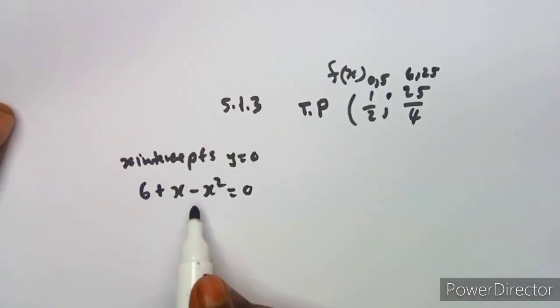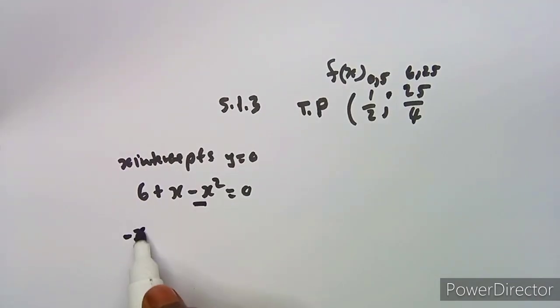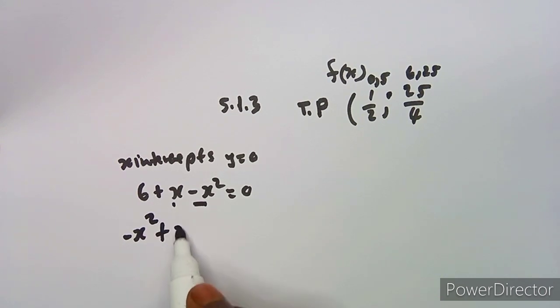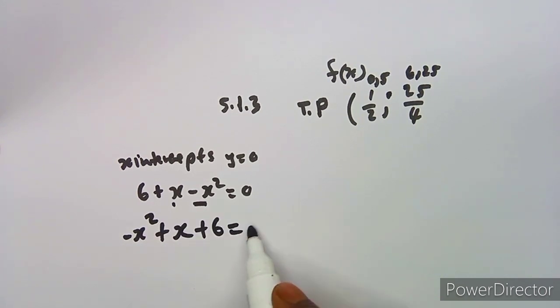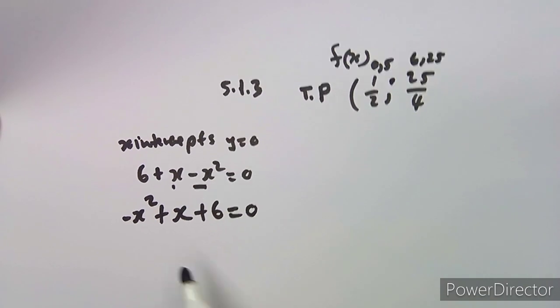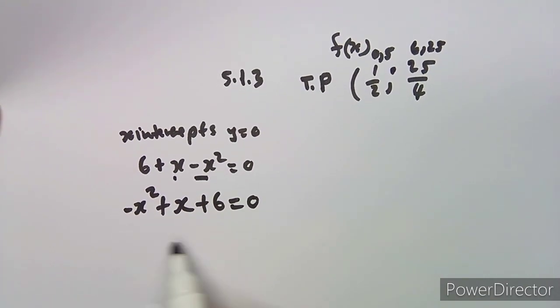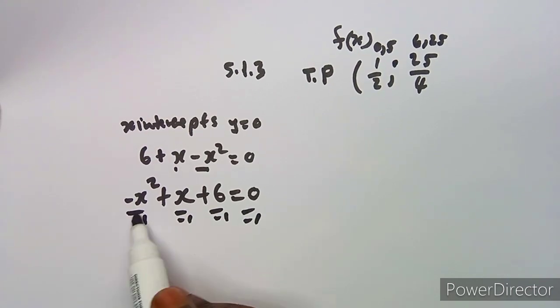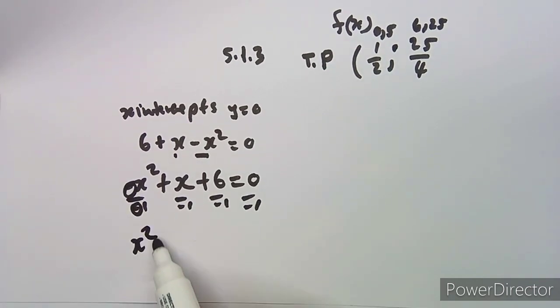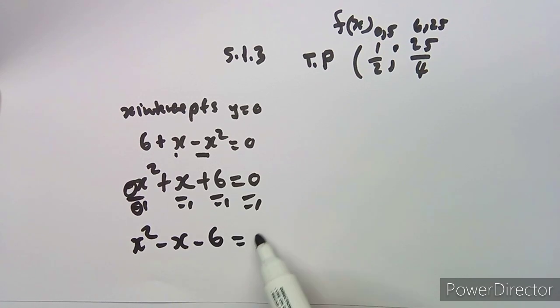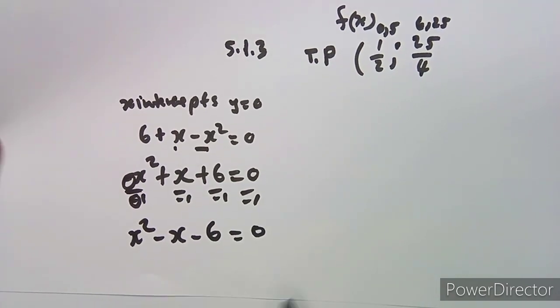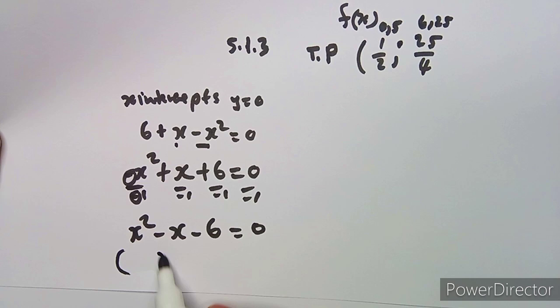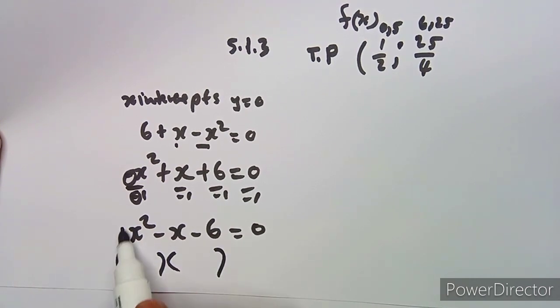So you can just maybe start by writing it as minus x squared plus x plus 6 is equal to 0, like that. All right, so you can divide by -1 throughout, so that you can avoid working with a negative term here. So it's going to be x squared minus x minus 6 is equal to 0. Depending on whether you're using factorization or whatever method to solve.